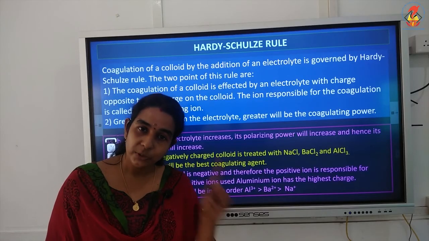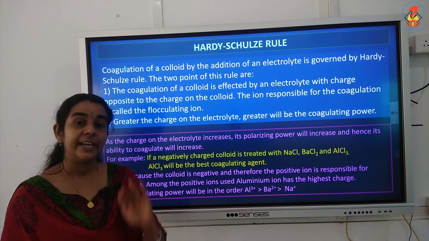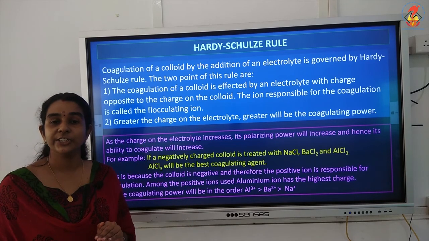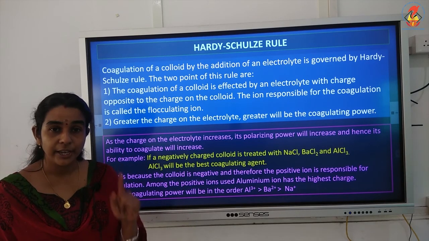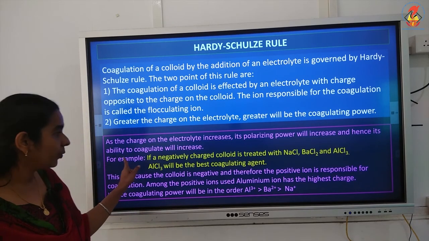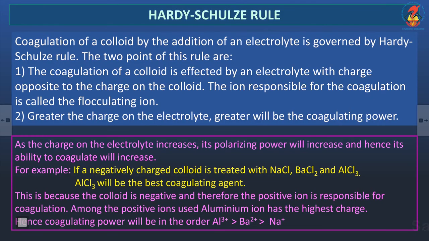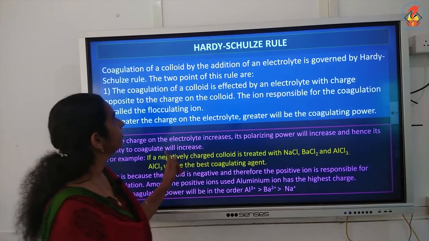If the colloid is positively charged, the coagulating ion will be negative. And the higher the charge of the coagulating ion, the higher the coagulating power. So if a negatively charged colloid is treated with NaCl, barium chloride and AlCl3, AlCl3 will be the best coagulating agent due to its higher charge.